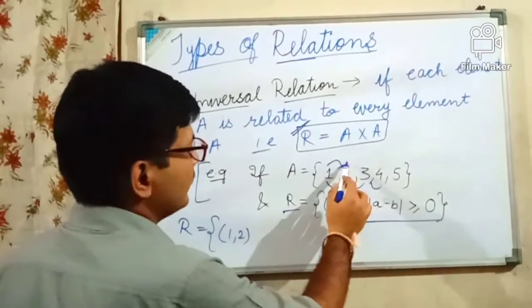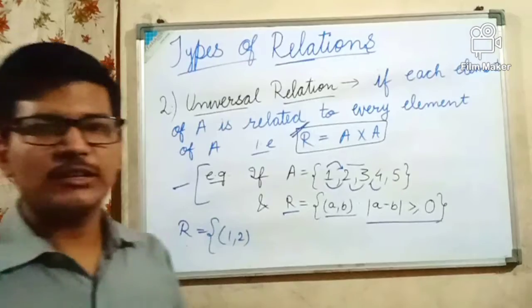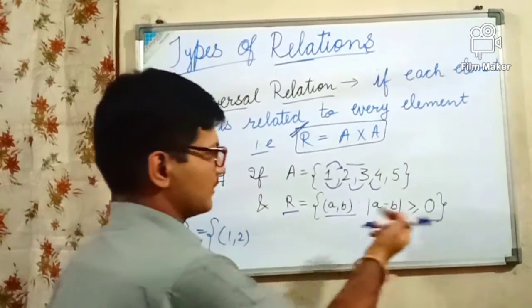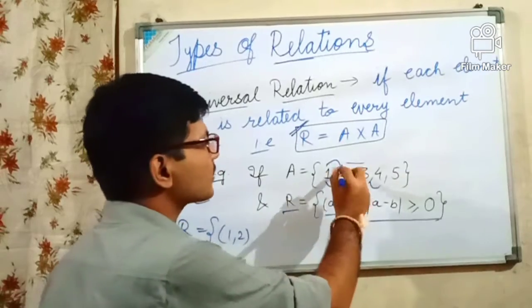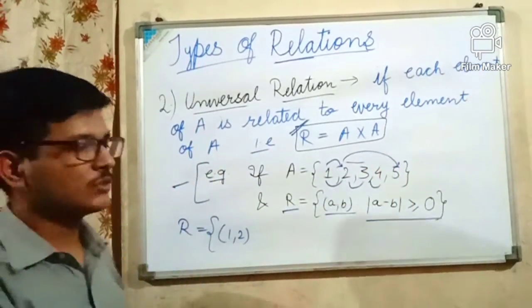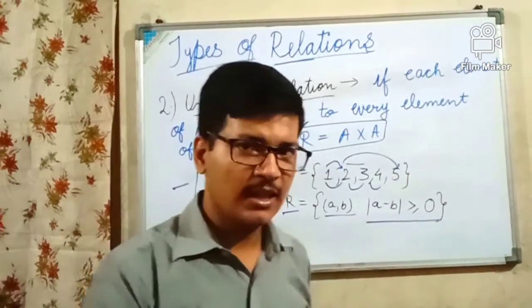Now if we take 2 and 3, 2 minus 3 is again minus 1. Taking modulus, it comes out to be 1. It is again greater than 0. If we take 2 comma 5, suppose we take 2 and 5, 2 minus 5 is minus 3. Taking modulus, it becomes 3, which is again greater than 0.